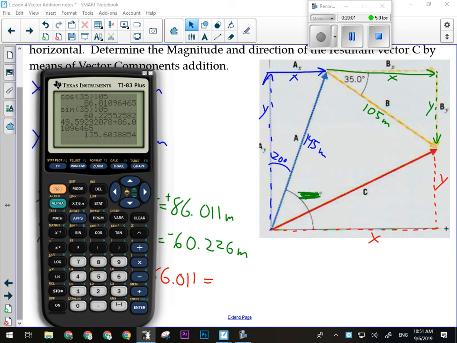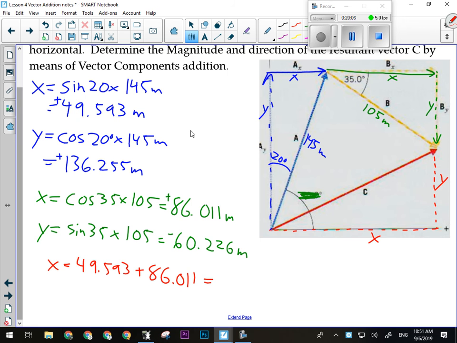So we're looking at 135.604 meters, and that'll be positive.